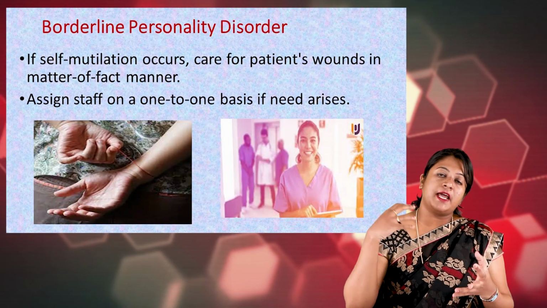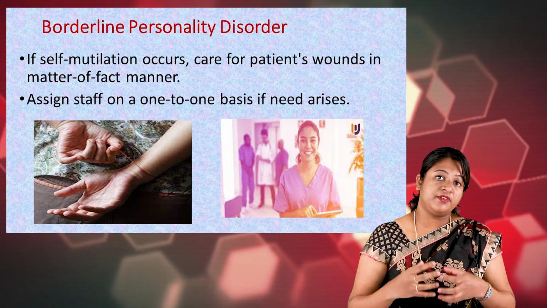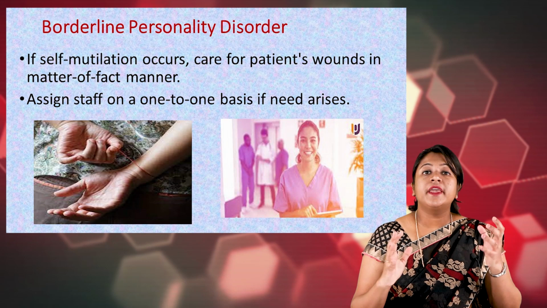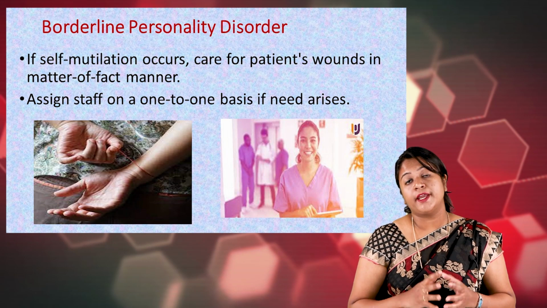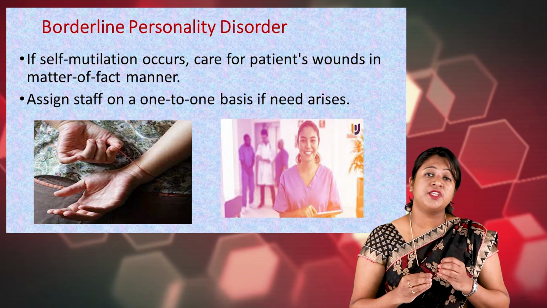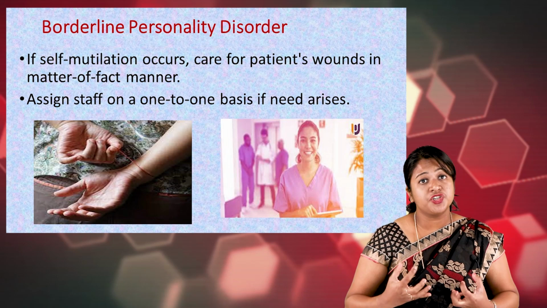If the self-mutilating behavior occurs, then you have to make sure that you care for the client's wound, and also see to it that you don't sympathize with the patient, which will give him a clue that he can get attention from you.